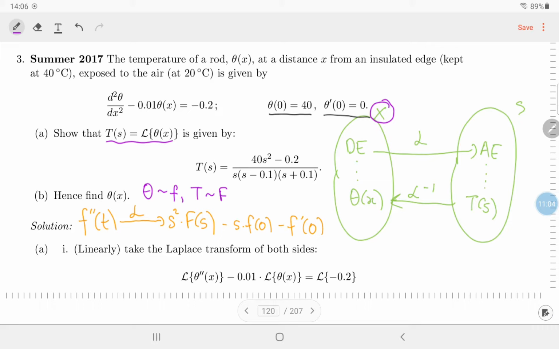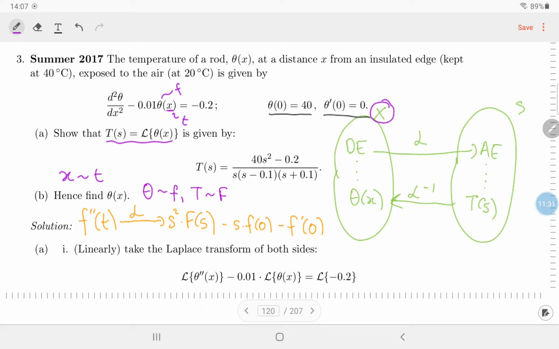So in this one, we're going to again take the Laplace transform of both sides. So what's playing the role of f? Well, the role of t is being played by x. That's also important. So instead of t, you have x. Instead of f, you've got theta.